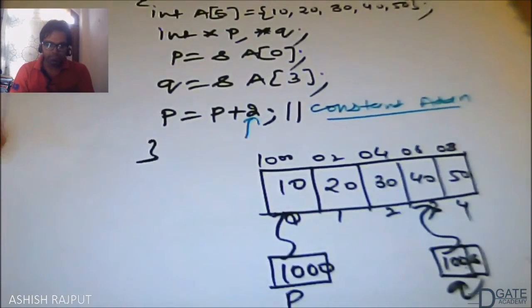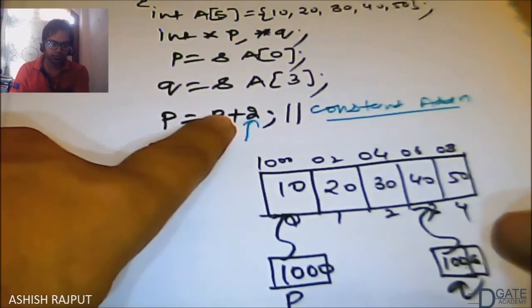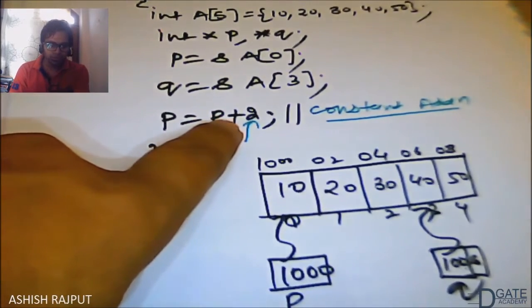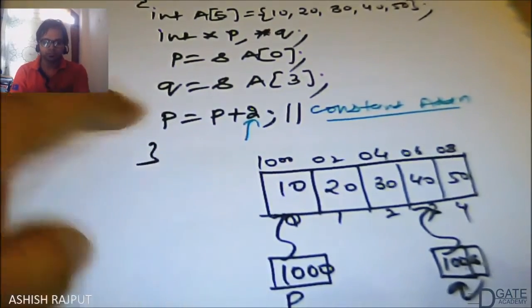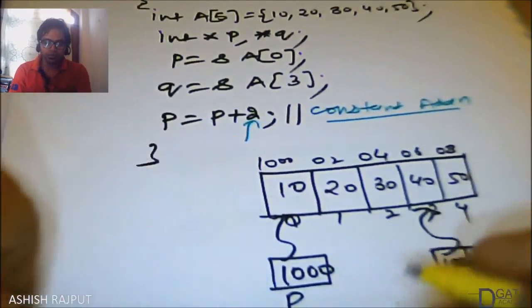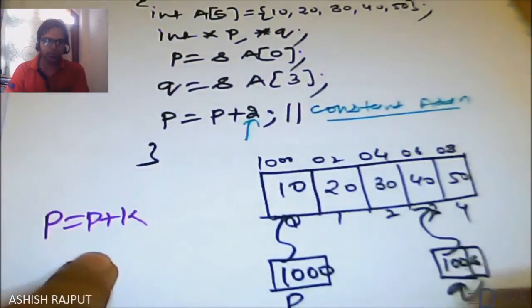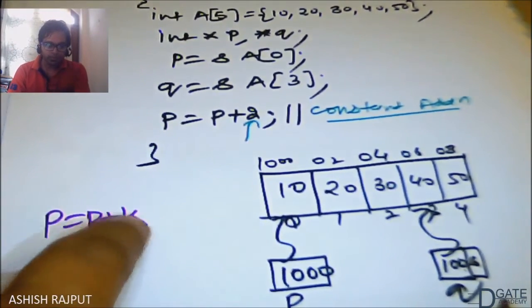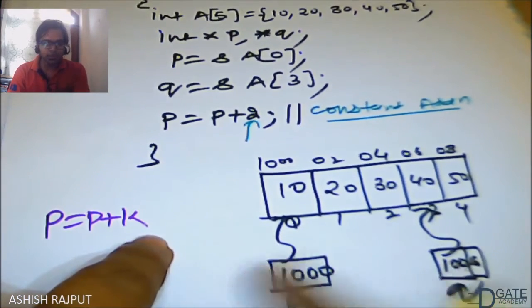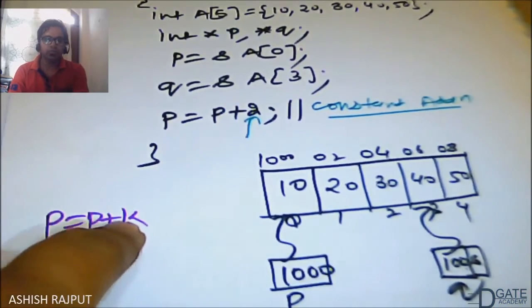The constant addition means, here P = P + 2. The meaning of this is move two elements in the forward direction. Suppose P = P + K, where K is a constant, meaning move K elements in the forward direction.